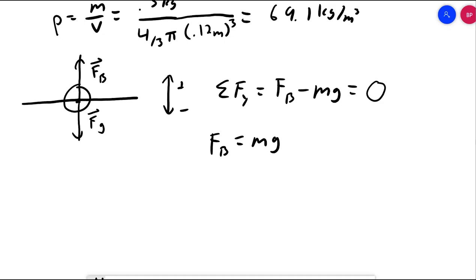Our object had a mass of 0.5 kilograms, so this is 0.5 times 9.81, which is 4.91 newtons. So this is the buoyant force on our sphere. Now notice, because it's floating, some of it is below the water, some of it is above. We couldn't just use our formula directly.